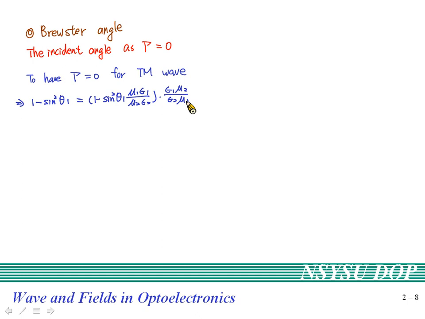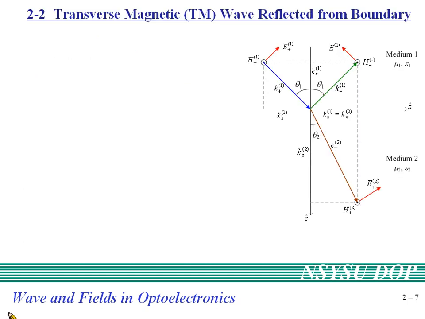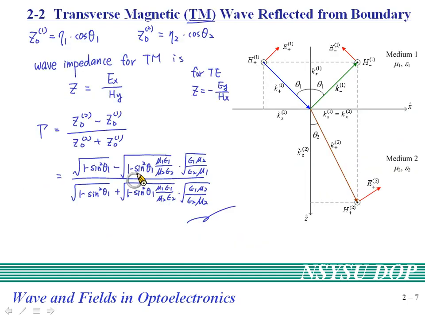Okay, and if we can satisfy this condition, then we will make this part 0, then we will have no reflection.